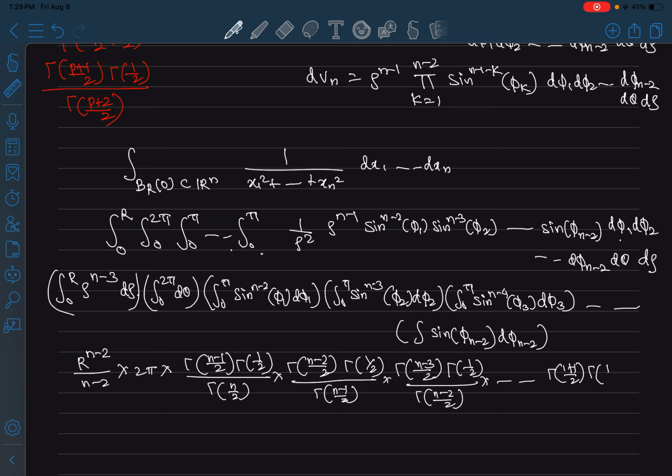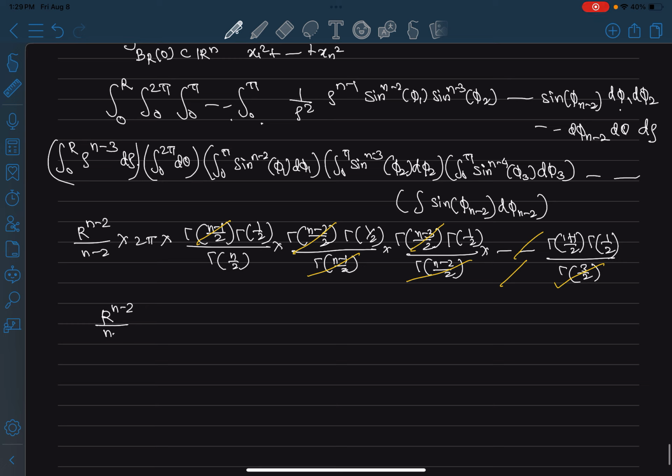So now, this is it, right? Now notice that there's a pretty good cancellation. Definitely, this will also cancel. This will also cancel, right? Yeah. So now what remains is r to the power n minus 2 by n minus 2 into 2 pi.